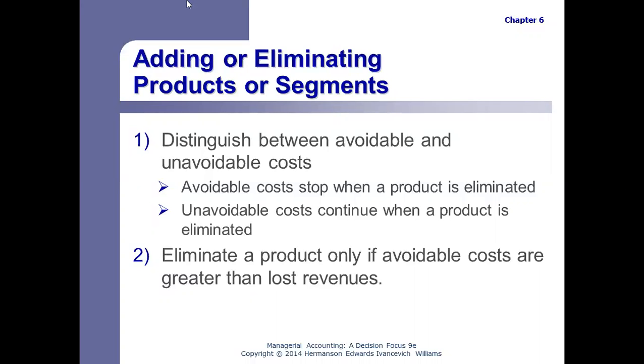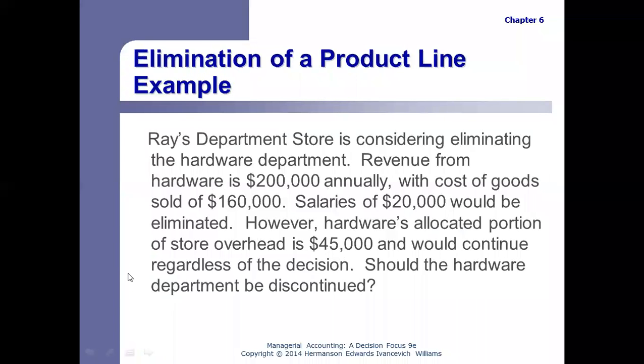And let's look at an example. Ray's department store is considering eliminating the hardware department. Revenues from hardware are $200,000. Cost of goods sold is 160, so their contribution margin is $40,000.